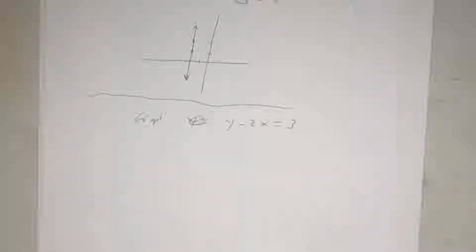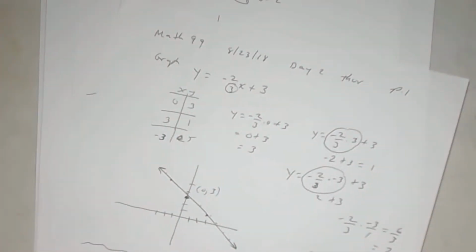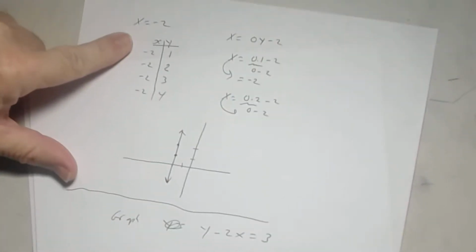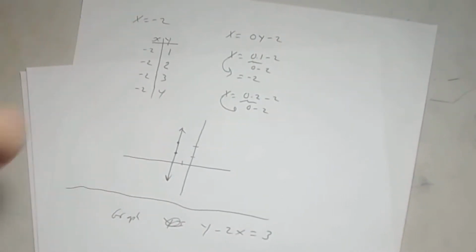You've got to get the y by itself. If you notice, when we graphed the others, y was always by itself, right? In the ones that we did last class period, y was by itself. Now here, there's no y, so that's why this was a vertical line.